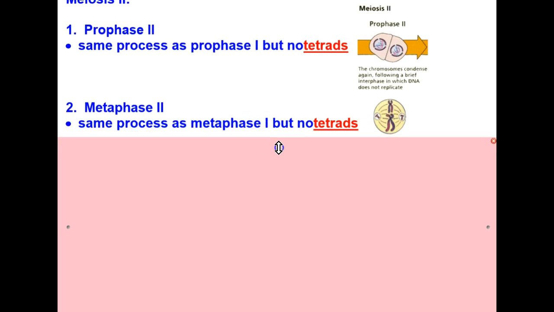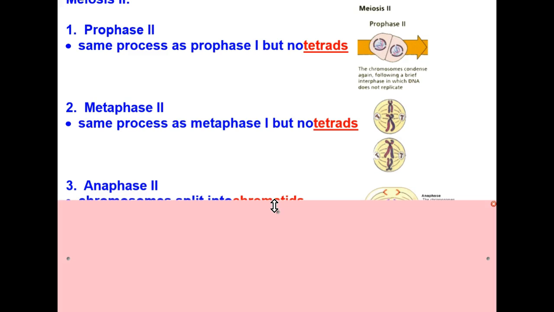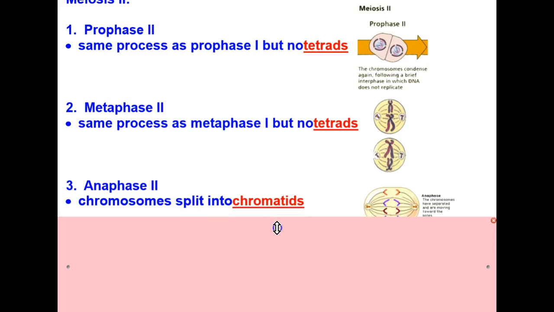Metaphase 2, same process as metaphase 1, but again it's just done with the chromosomes, not with the homologous pair tetrads. Chromosomes line up down the middle. Anaphase 2, the chromosomes split into chromatids. Now this is different than anaphase 1, where the homologous pairs split into single chromosomes. Now those chromosomes split into chromatids.